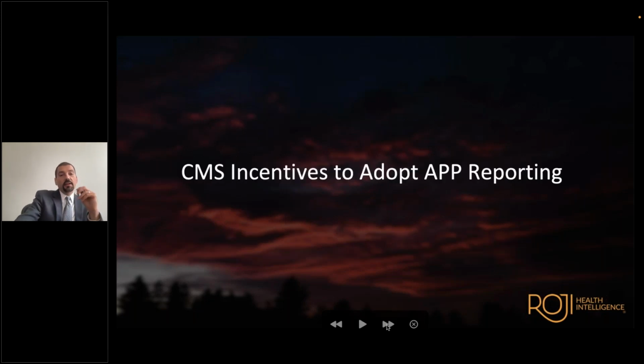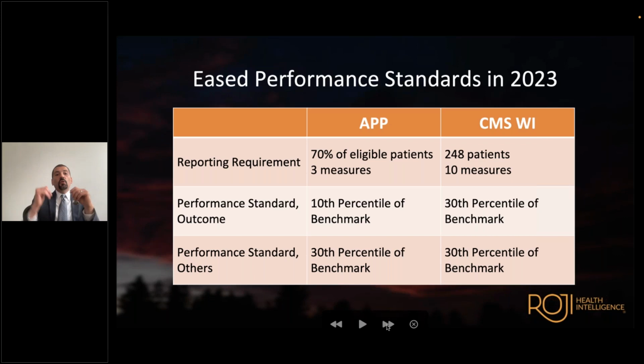So, as I alluded to, CMS is incentivizing APP reporting. Doing that in a few ways. First, they're easing performance standards. So the reporting requirement, obviously, is 70% of the eligible patients as the data completion threshold across 3 measures. Well, the web interface has 10 measures, but only 248 patients.